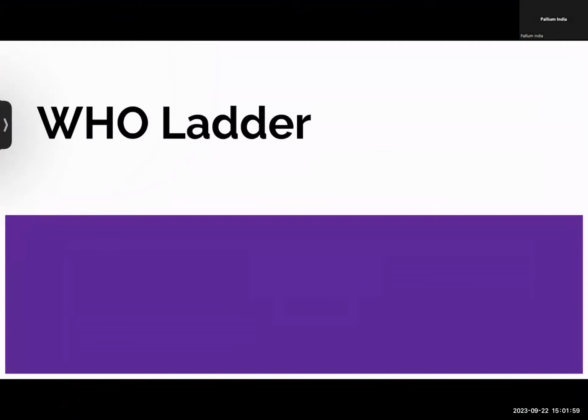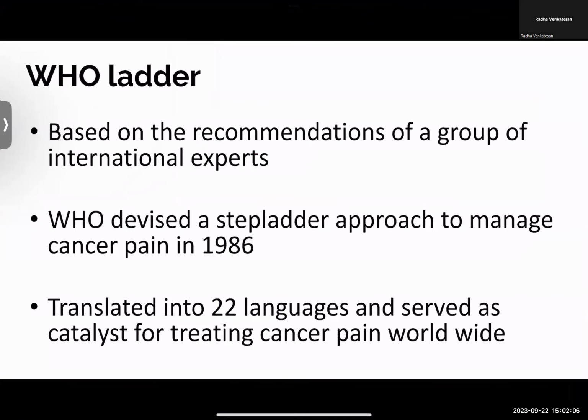Okay. So basically, what we are going to see today is management of pain. As I had told you in the beginning, pain is nearly 60 to 80% of symptom management in palliative care, be it a cancer patient or a non-cancer patient.